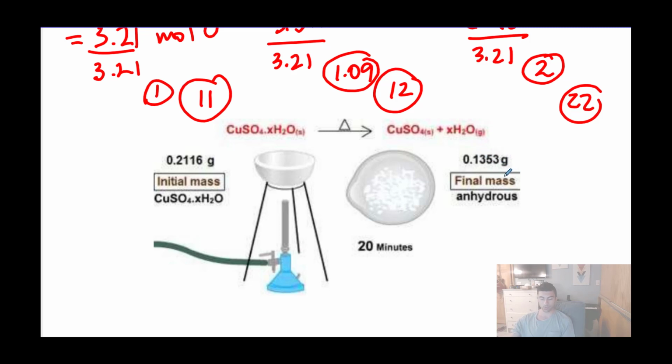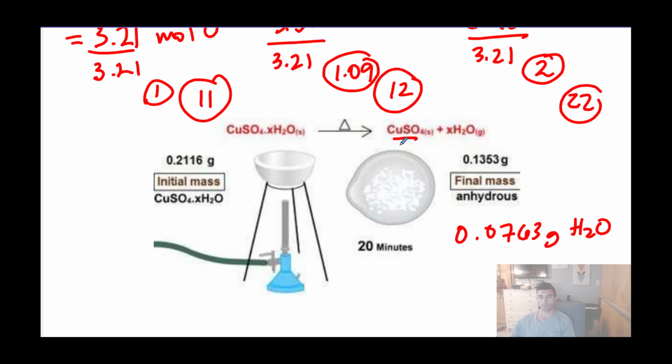If we do a quick subtraction, we see that 0.0763 grams were water, right? That plus this should get us the original mass back. And if we know that, we should be able to figure out the mole ratio.